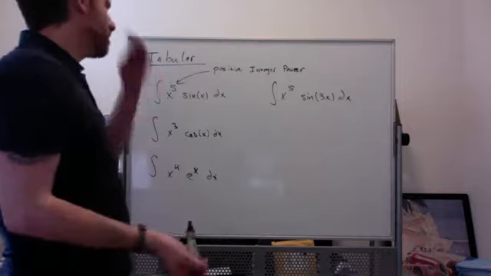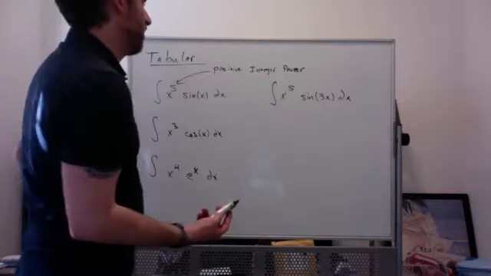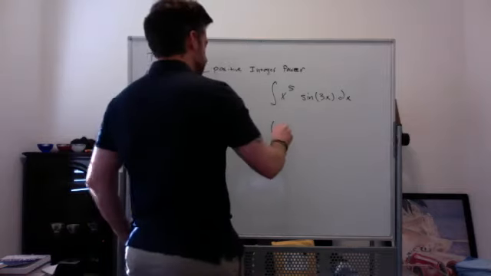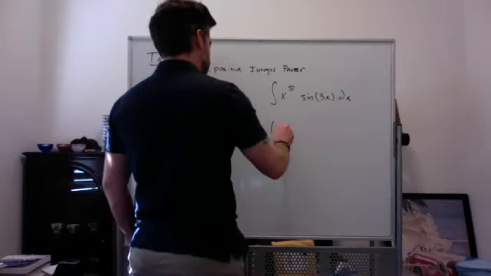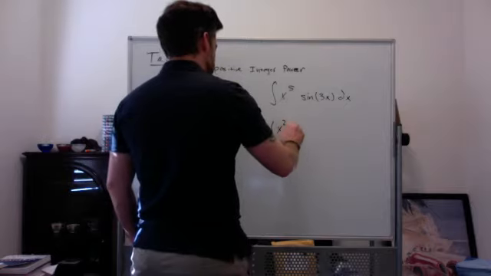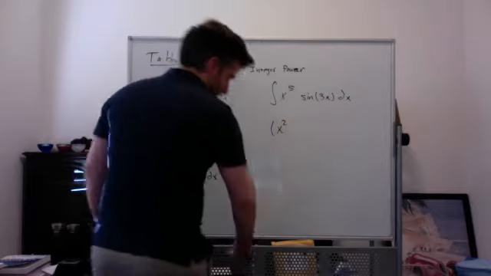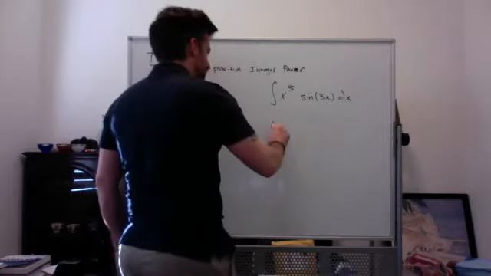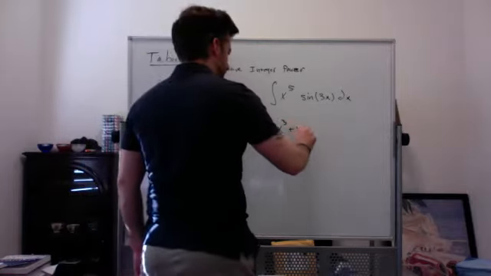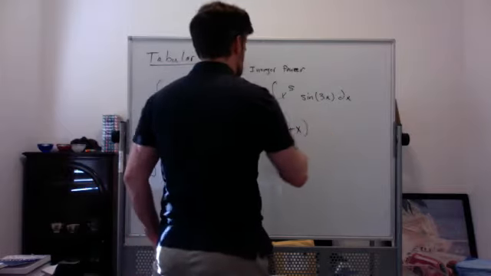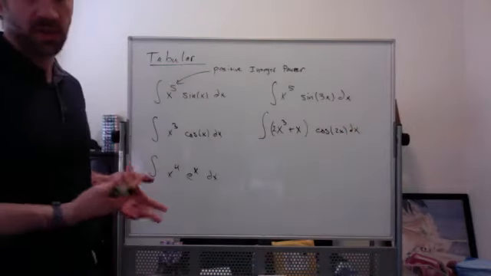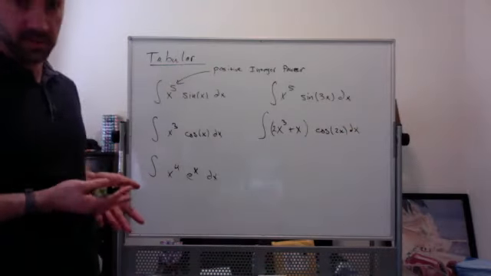And then you could have something slightly more complicated, although I feel like this would be kind of terrible, like 2x cubed plus x times cosine of 2x. That would be kind of the most complicated a tabular method could be.